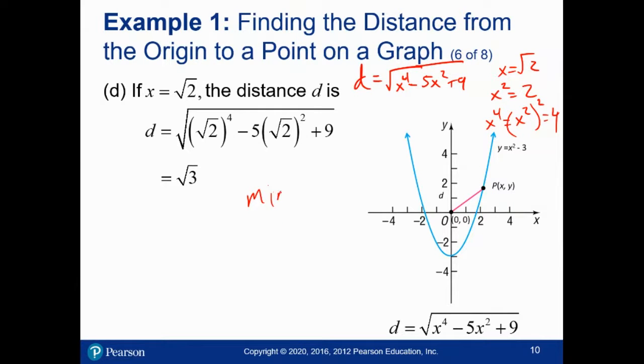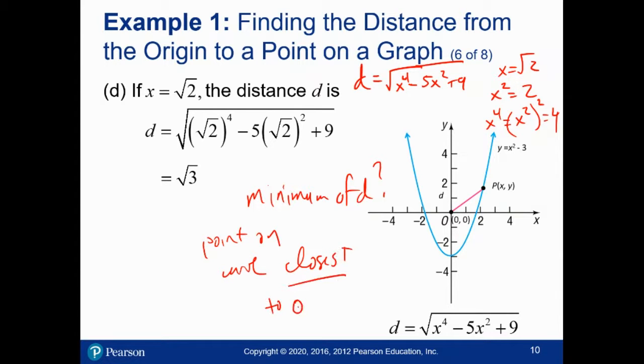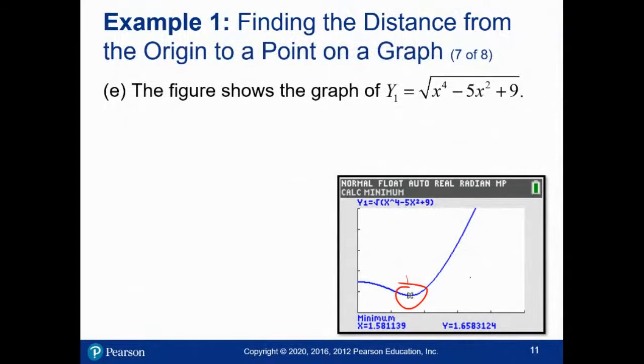The minimum is what point on the curve that's closest to the origin. And it looks like it's somewhere around right here. And x, yeah, it looks like it's between 1 and 2. The x value is somewhere between 1 and 2, and that seems to maybe be closest, and that matches here. We have an x value of something in between 1 and 2 corresponding to the minimum.